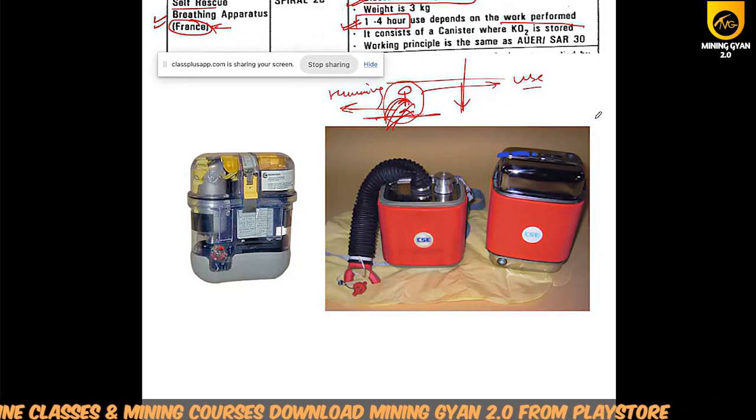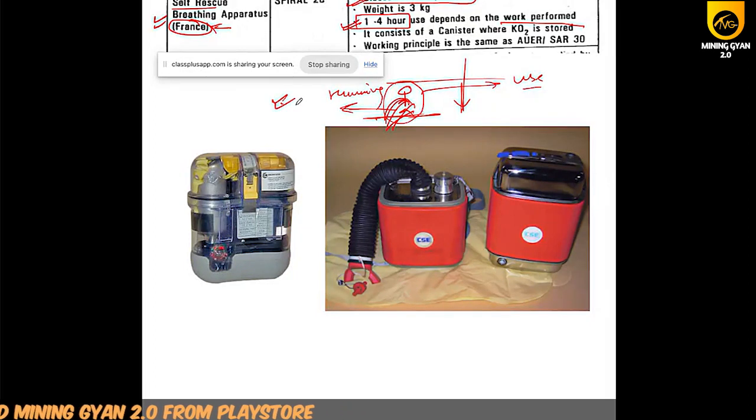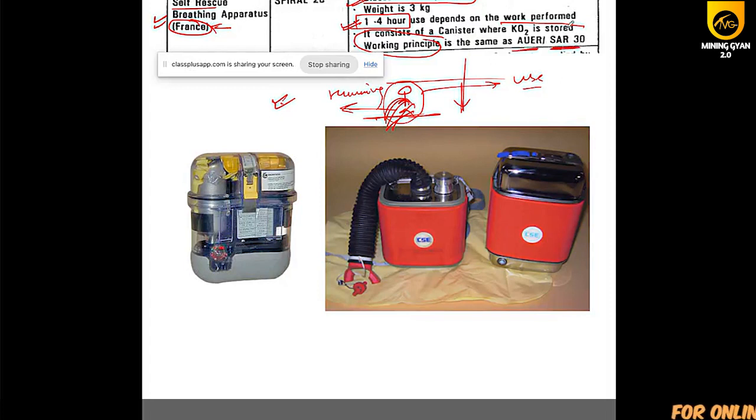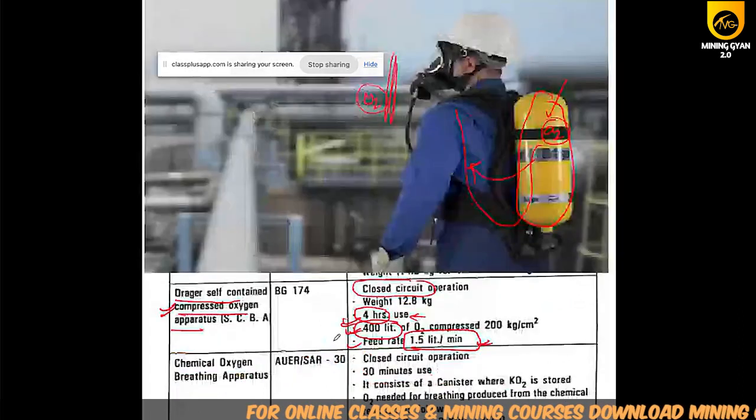So in that situation, the capacity will be utilized faster, so the working hour will be reduced. Just remember, the working principle of this apparatus is AUER SAR 30. The chemical oxygen breathing apparatus also has the working principle AUER SAR 30. Okay.